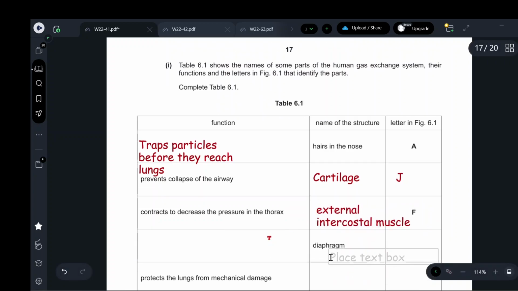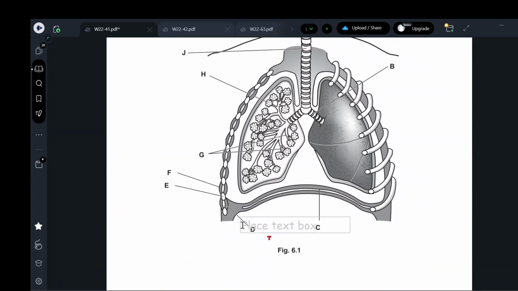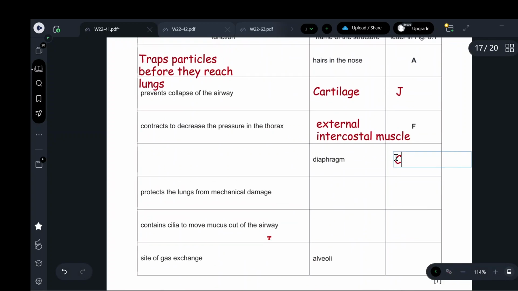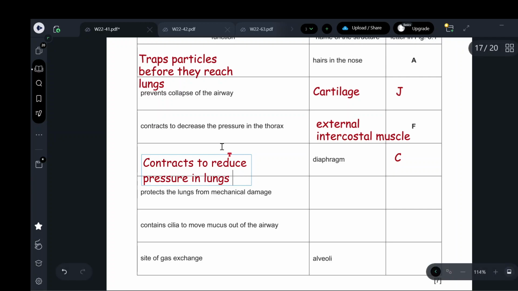Okay, and then he gave you the word diaphragm. Where is the diaphragm? It is the muscle below the lung, which is C. What does it do? The same. It contracts to increase the volume or reduce the pressure. Contracts to reduce pressure in lungs. Same as the external intercostal muscle.